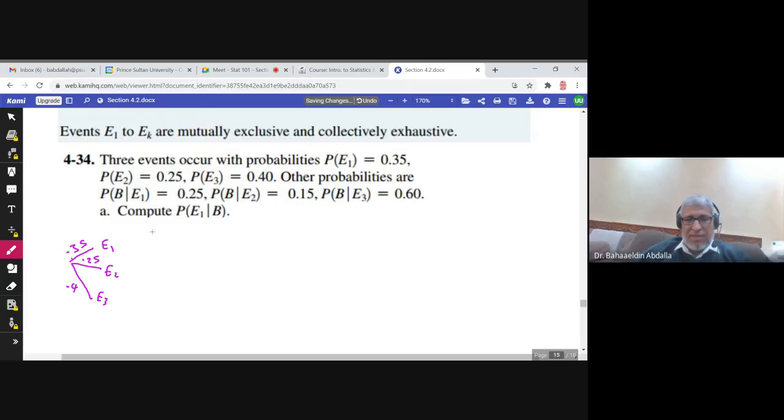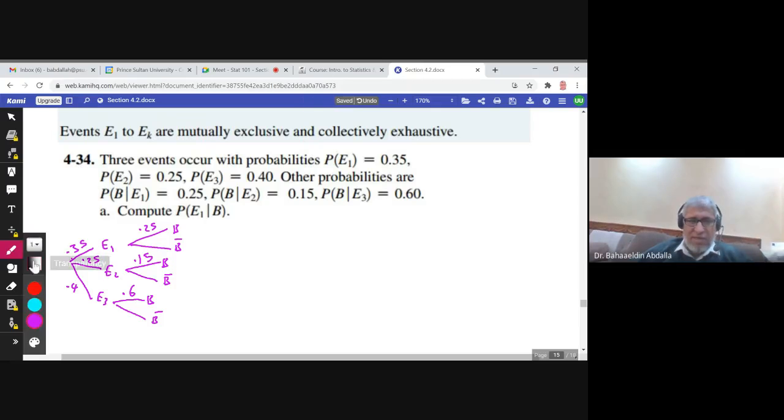And there is an event B, and B complement, not B. The probabilities given in the question are probability of B given E1, B given E2, and B given E3. You can find the others easily, 1 minus. So if this is 0.25, this would be 0.75. If this is 0.15, this would be 0.85. If this is 0.6, this is 0.4.